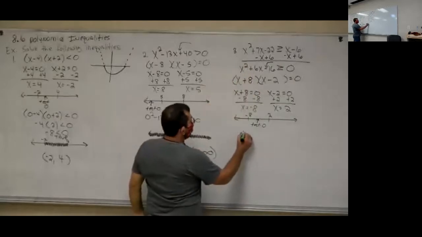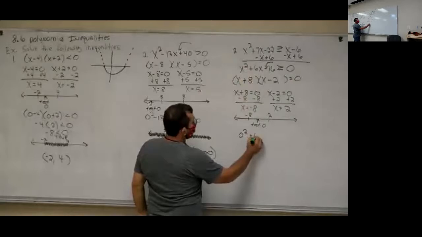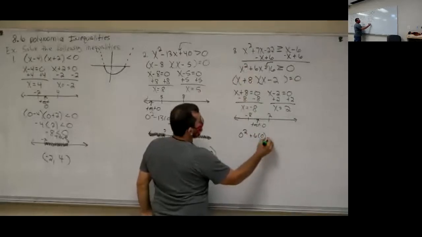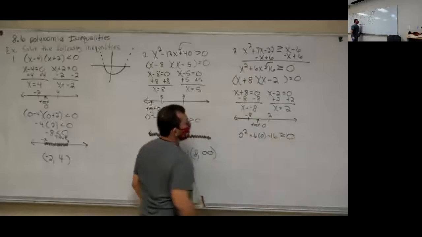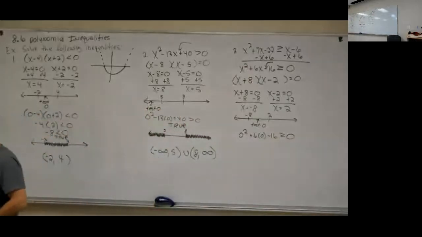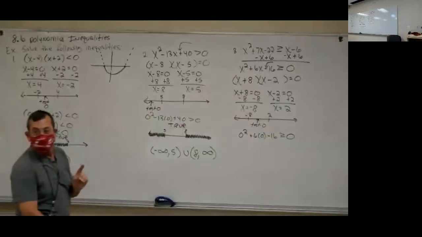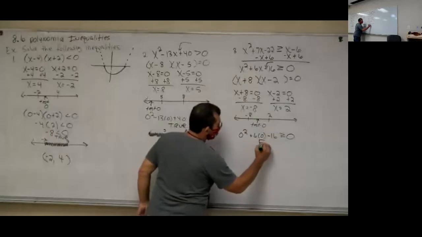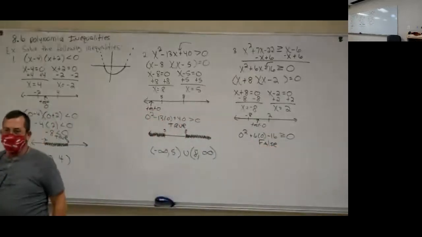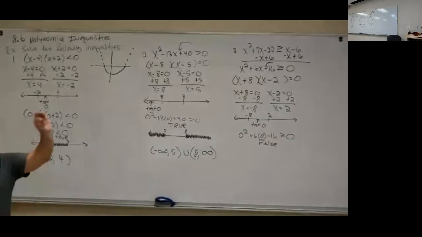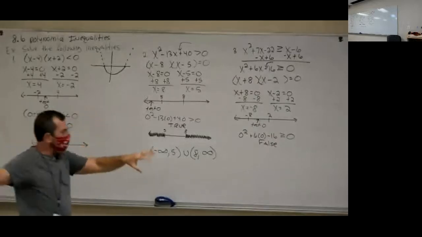So that's going to give me 0 squared plus 6 times 0 minus 16 has to be greater than or equal to 0. So basically I need to know, is negative 16 greater than or equal to 0? That is definitely false. So we're not going to shade where the 0 is. We're going to shade the outsides.